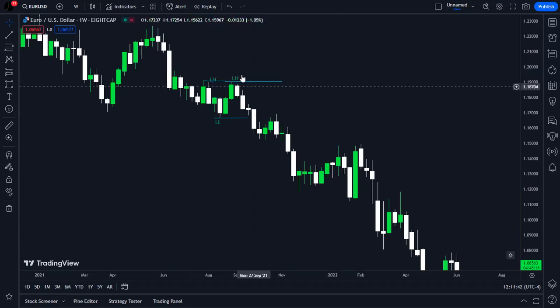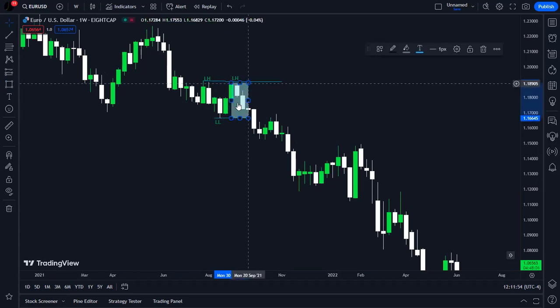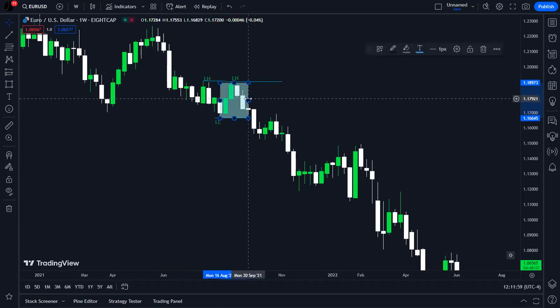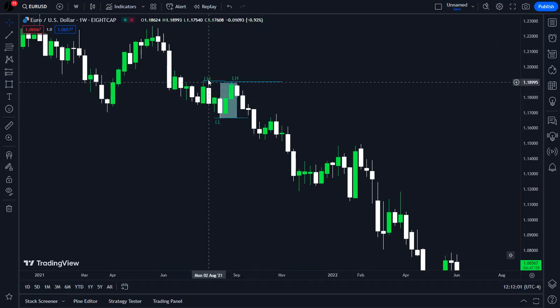This is the dealing range between this lower high and this lower low. This is the dealing range right here, between this lower high and this lower low.